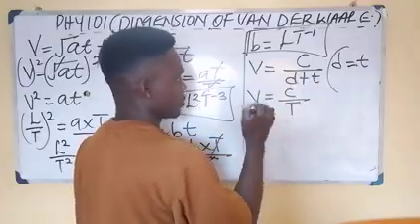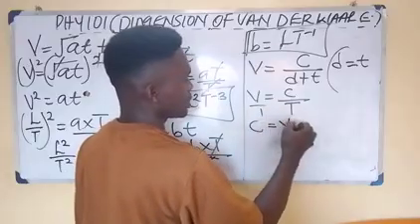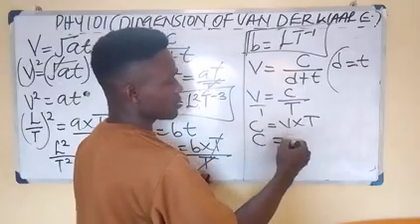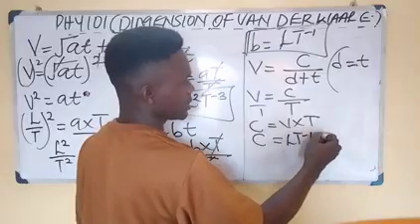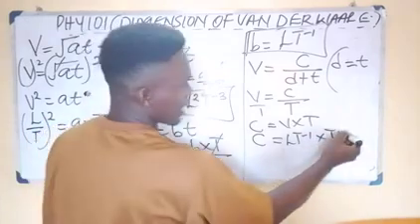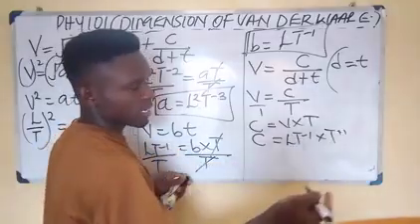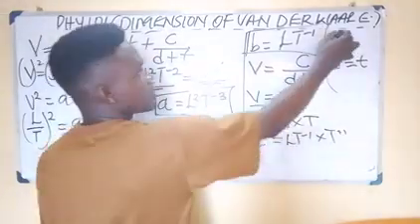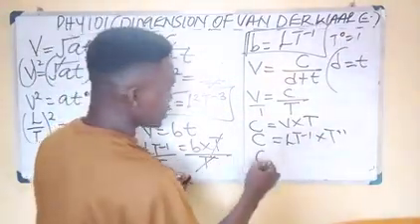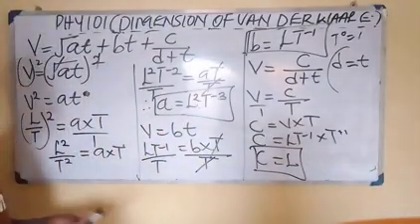C. What do I do next? This times this is this equal to V times what? t. So C is equal to, V is LT^-1 times what? T. Right? Times T. This guy, there's an invisible plus 1 here. So minus 1 plus 1 is nothing. I have T^0. And T raised to 0 is 1, according to the law of what? Indices. So C becomes L. So the dimension of C is simply L.